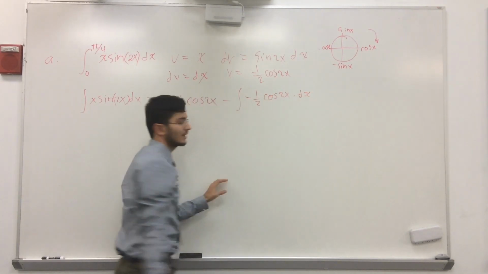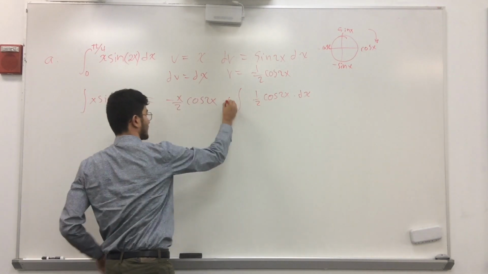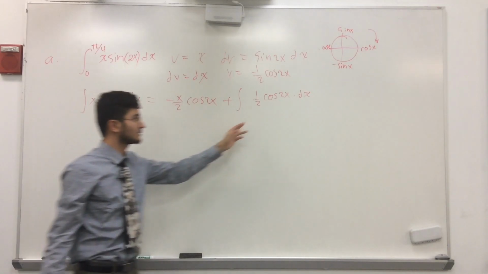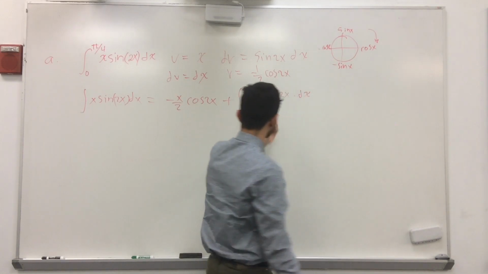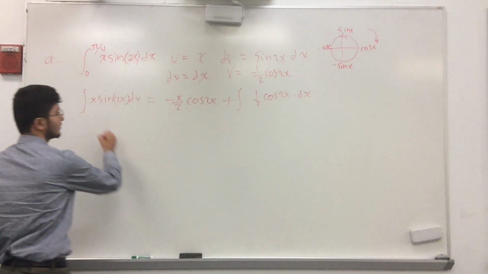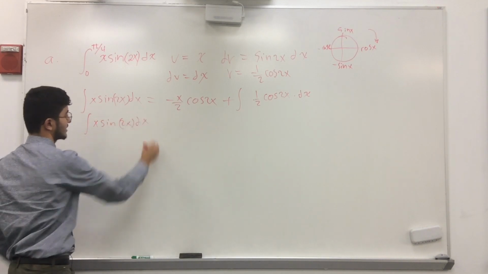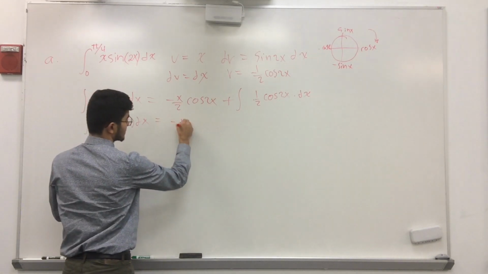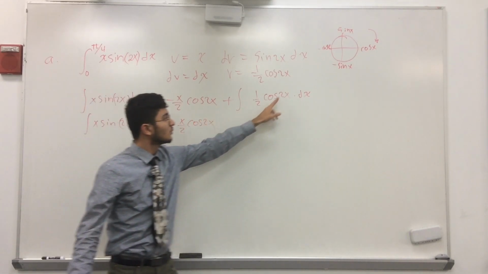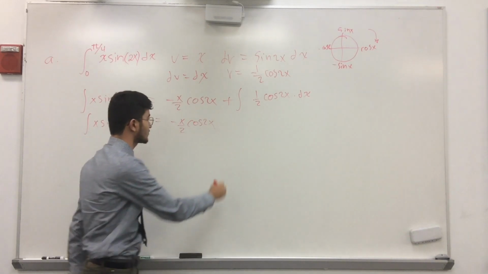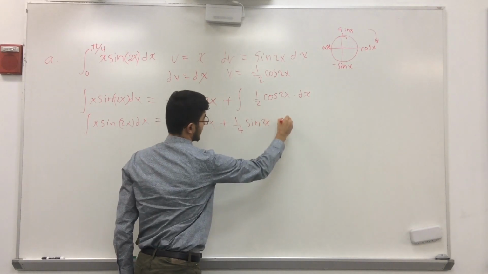This negative and this negative become positive, and we have the integral of 1/2 cosine 2x. Of course, the integral of cosine x is sine x, but we have to use the chain rule. So the integral of x sine 2x is nothing but negative x over 2 cosine of 2x, and then we have 1/2 over 2, which is 1/4 sine 2x, plus c.